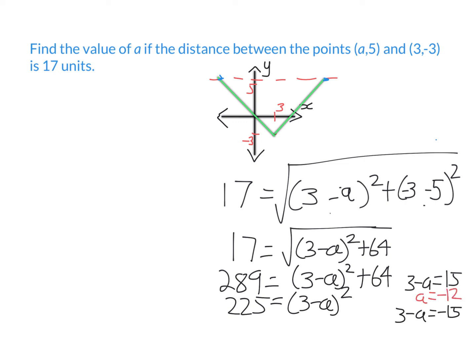If 3 minus a equals negative 15, that means a is equal to 18. So over here, we would have the point (18, 5) as one possibility, and over here, we'd have (negative 12, 5) as the other possibility. And thus we have 2 answers as we predicted.